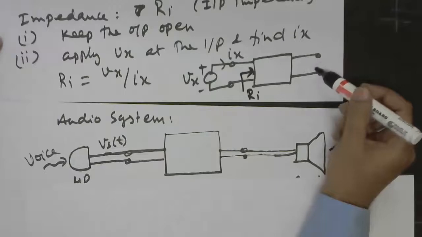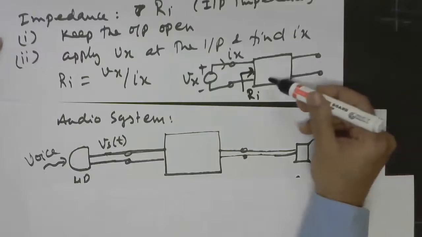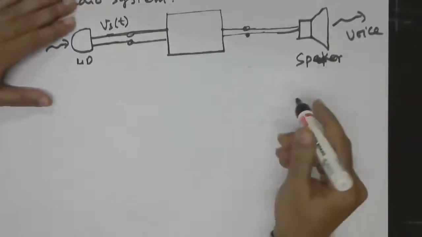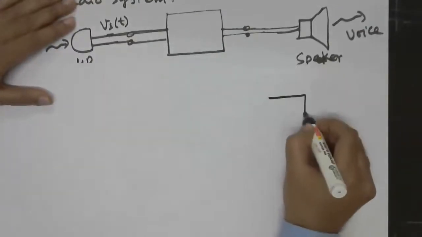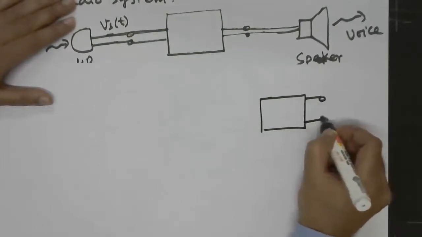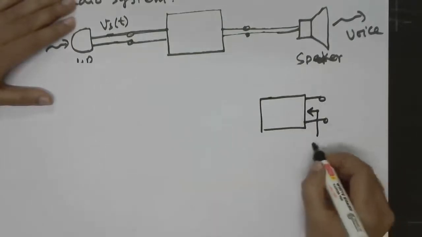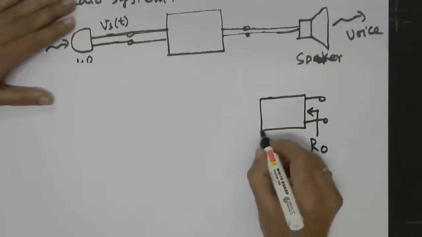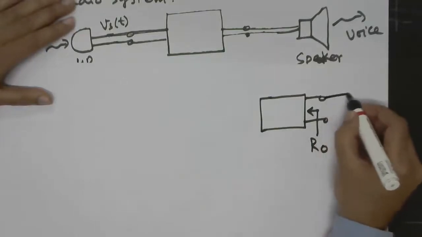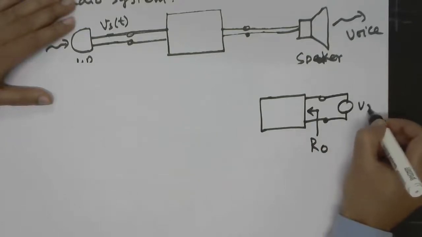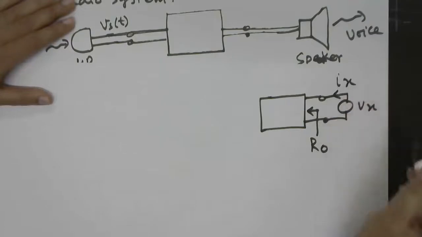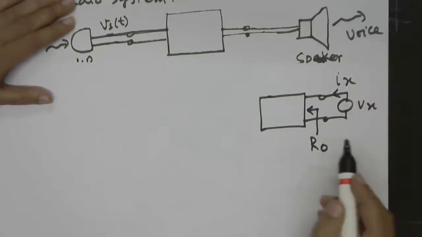So for output we have to look into the circuit from the output side. So what we will have to do now is take the circuit and look into it to find out RO. Looking into it means you take a voltage source, connect it between these two, find out Ix, and then the ratio of these two.